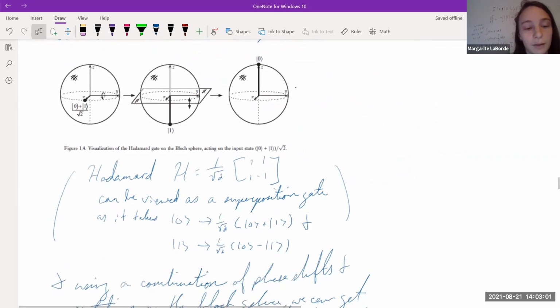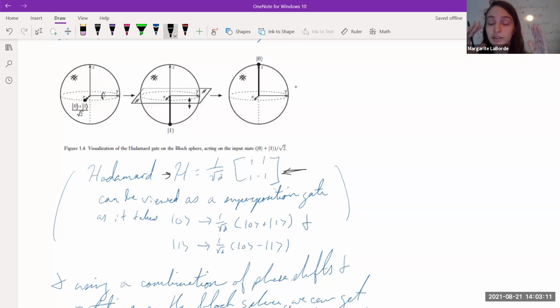For instance, you might have a Hadamard gate. This is how you write the Hadamard in linear algebraic terms, but the essential action of it is to take your 0 or your 1 state and put it into a superposition. This is the action it has on our two basis states for a single qubit, and we call these the plus and minus states respectively, but they're equally weighted superpositions.